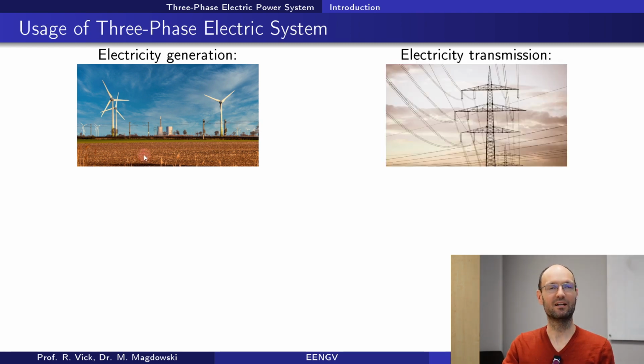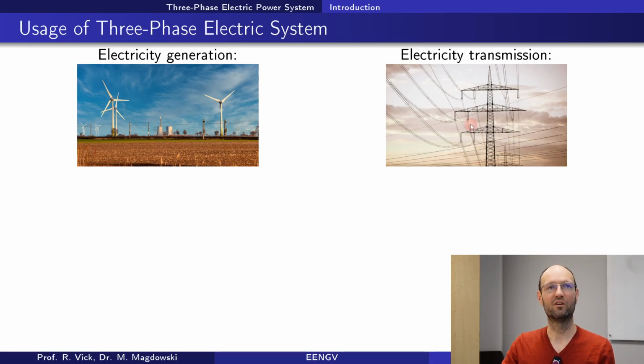So then electricity transmission. If you go to my hometown, Wolmirstedt, there's some big power distribution facility. There are lots of these towers, and here you can say there's one three-phase system on one side, and on the other side probably another three-phase system.